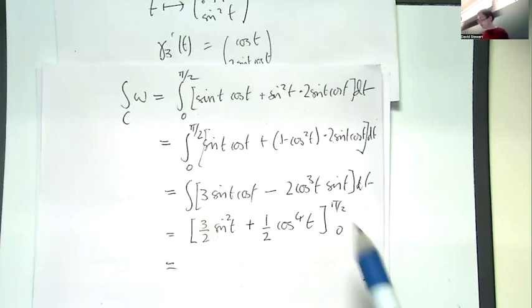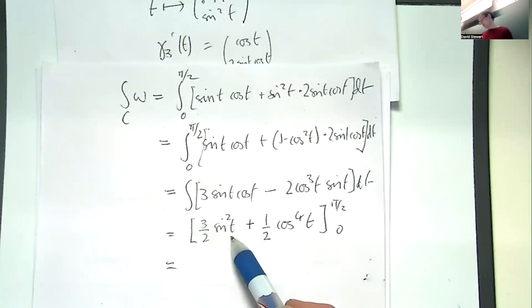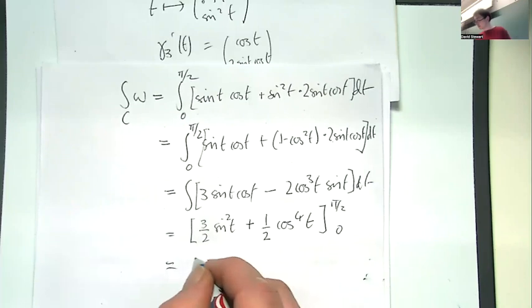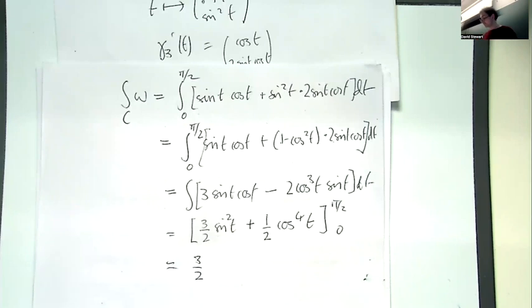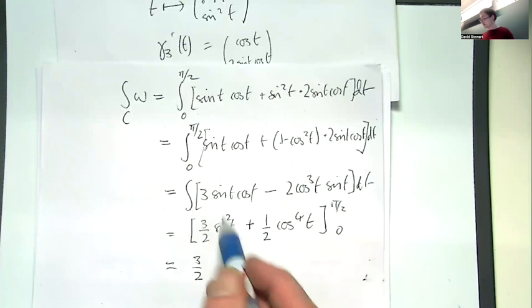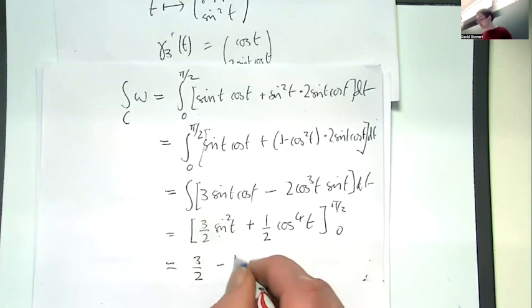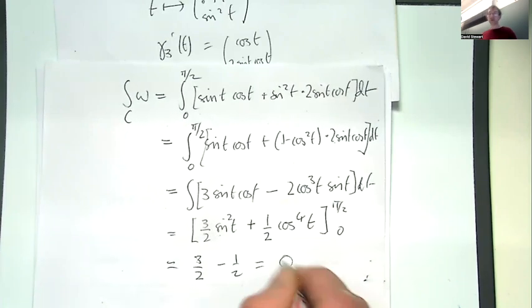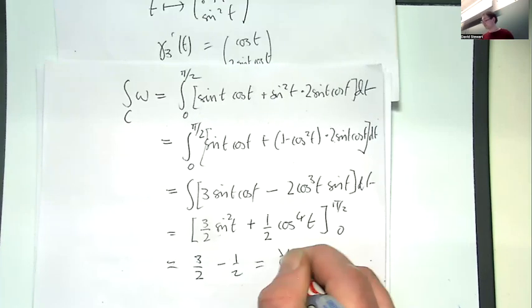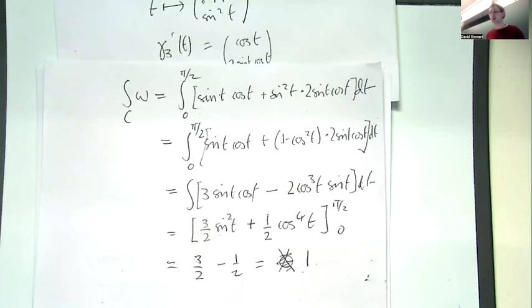So when I apply pi over 2 here, I get 1 from the sine, and I get nothing from the cos. So that gives me 3 over 2. And when I apply 0 here, I get nothing from the sine, and I get a half from the cos, which is 1, as we are hoping.